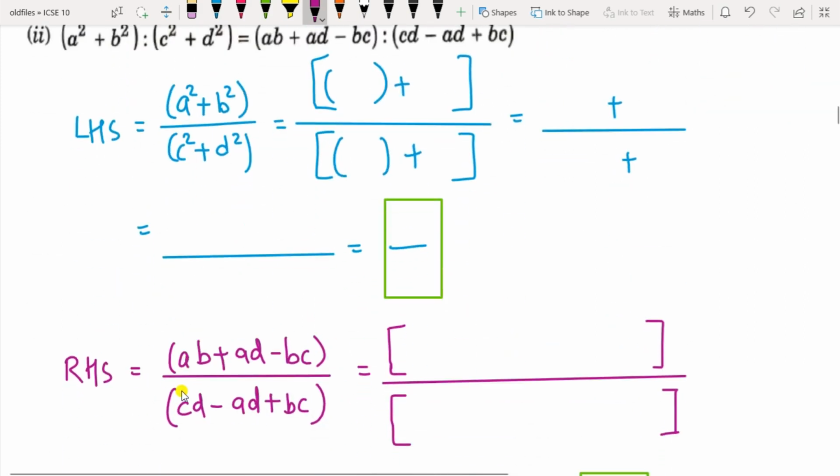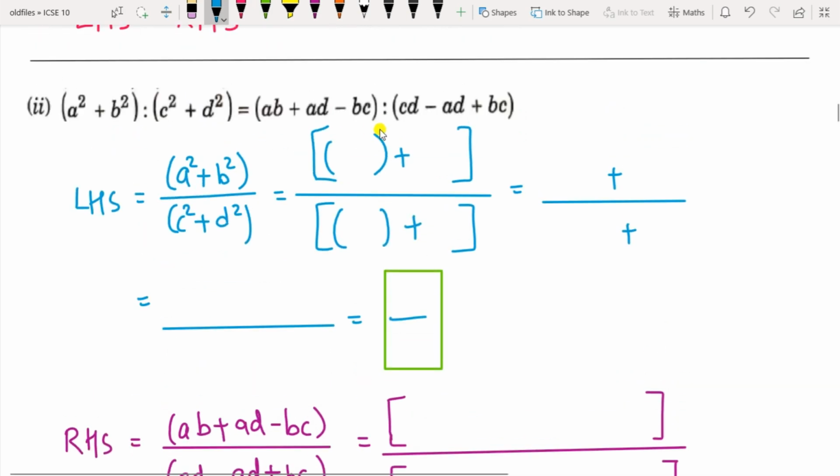So similarly in this question here, this is the same question. So same proportion has been given, value of A as bk and value of C as dk. So A is here bk square plus b square, C is dk square plus d square.